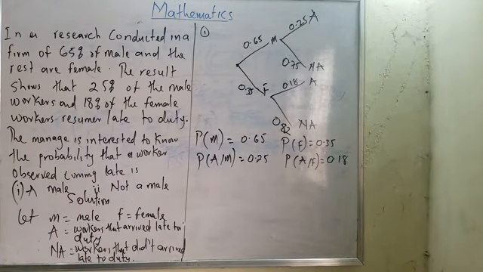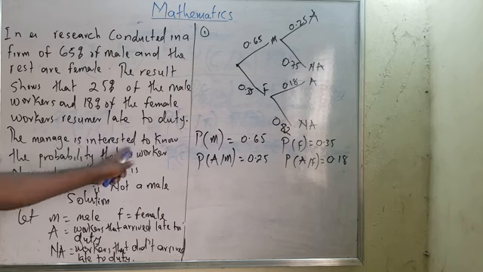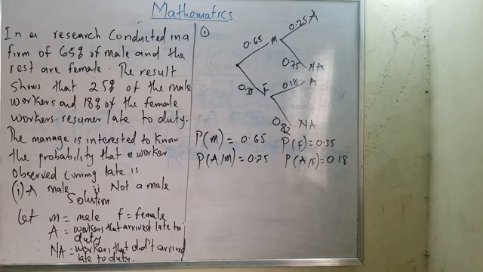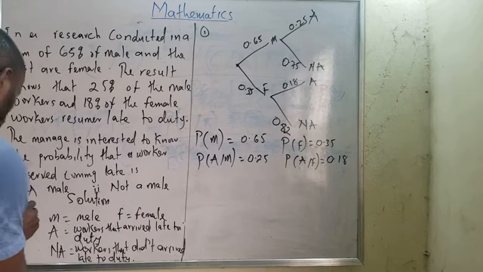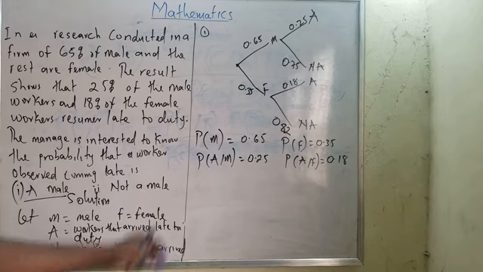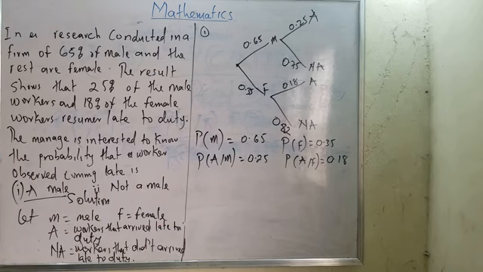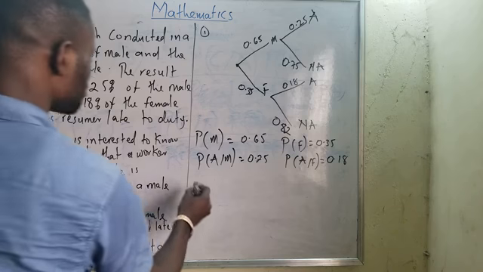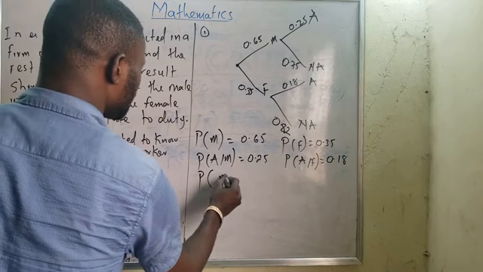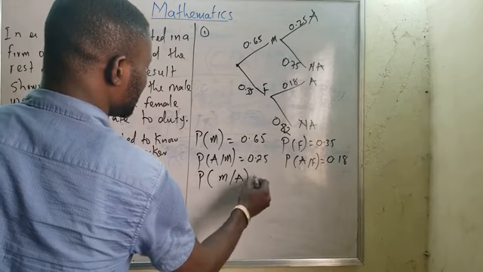And also, what am I asked to find? The manager is interested to know the probability that a worker observed coming late is male. The first one is a male, and the second one is not a male, which is the other side. Now, it means what I'm trying to say is that the probability of this is unknown.